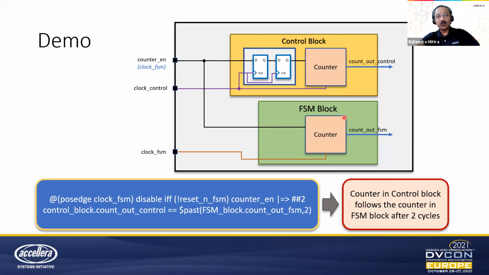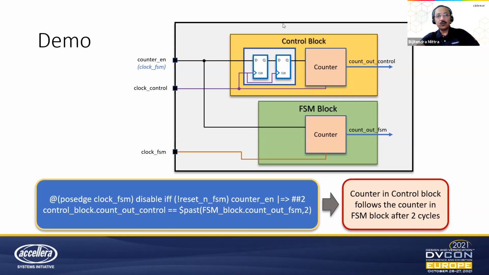The counter in the FSM block receives the counter enable signal directly because it is in the same clock domain, but the control block receives it through a synchronizer. So the expectation is that the counter in the control block will follow the counter in the FSM block after 2 cycles, because the enable signal would reach the counter after 2 cycles once it is asserted.